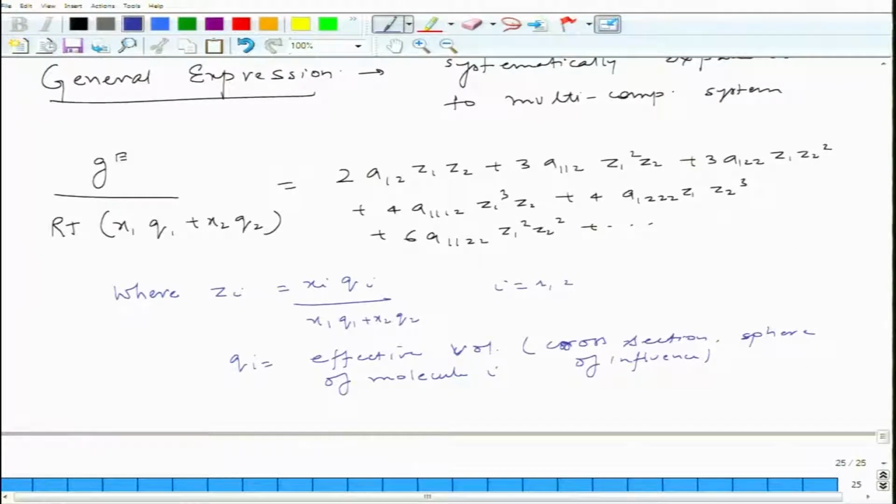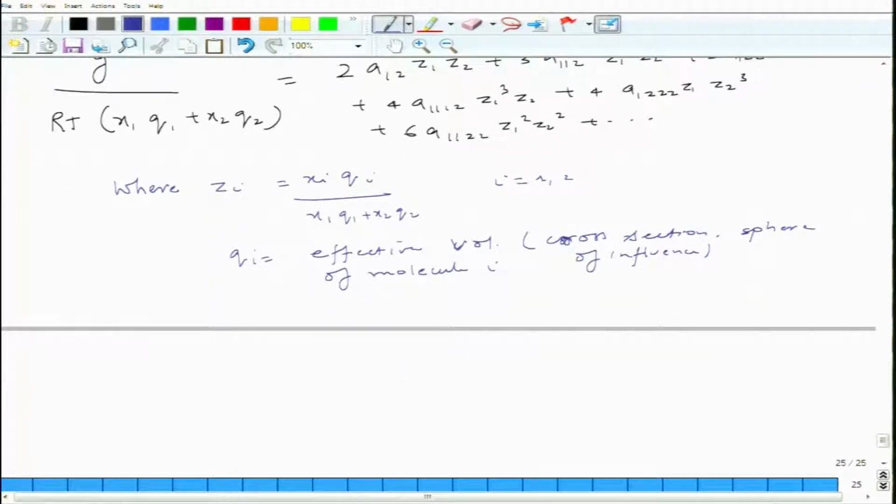Basically, you assume that your system is filled with 2 types of particles, one is 1, the other is 2. Now Aij is nothing but the interaction coefficient, which one can model as a virial coefficient. Okay.